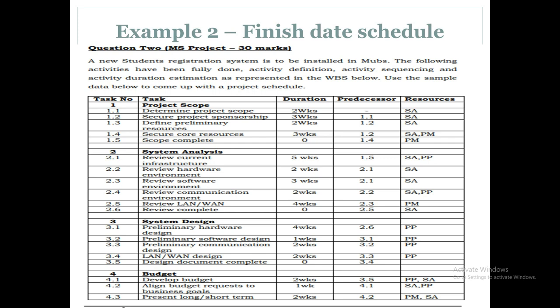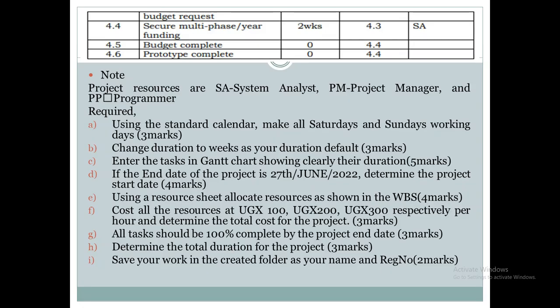Now today's class, our interest is in this, using the finish date, so that we can be able to determine the start date. And these are the questions that we are going to use to guide us on creating this project schedule.